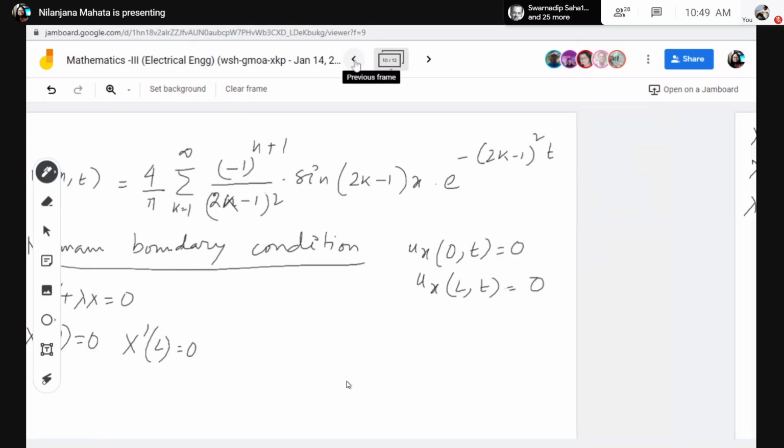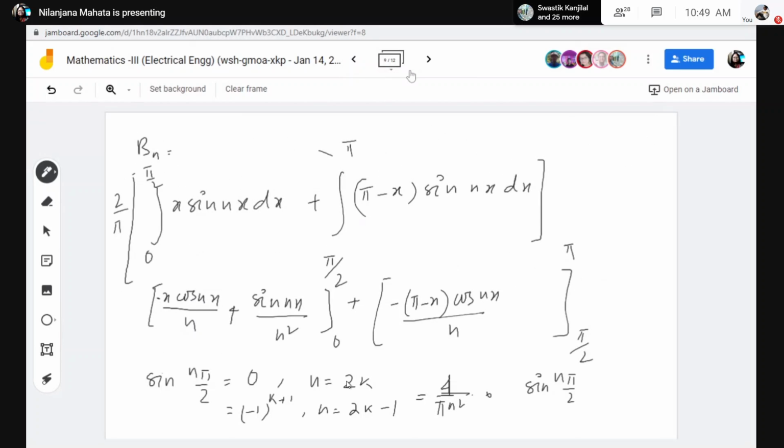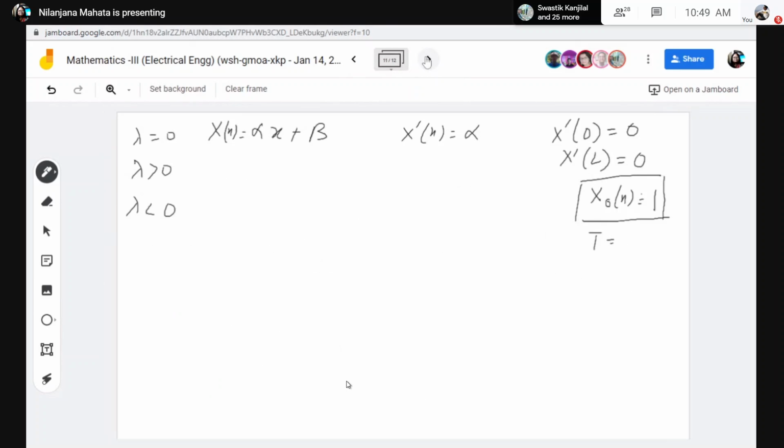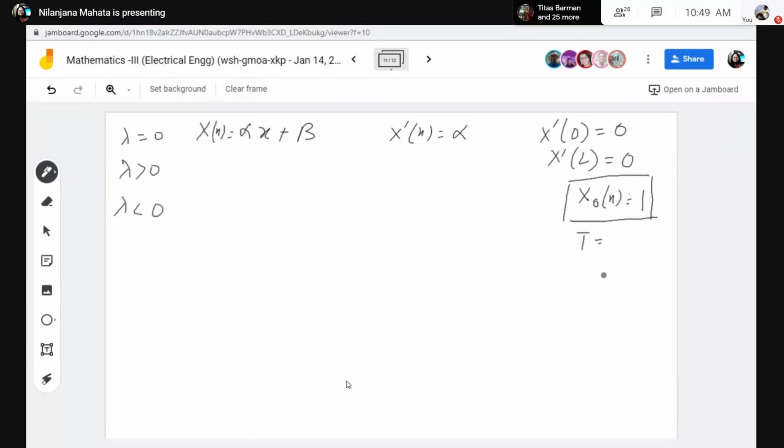And your T will be what? When lambda was 0, what was the T? T was c e to the power minus lambda kt. So when lambda is 0, this is a constant function.